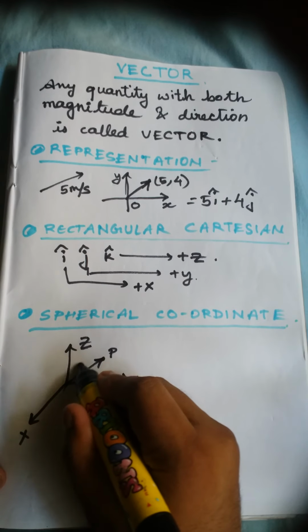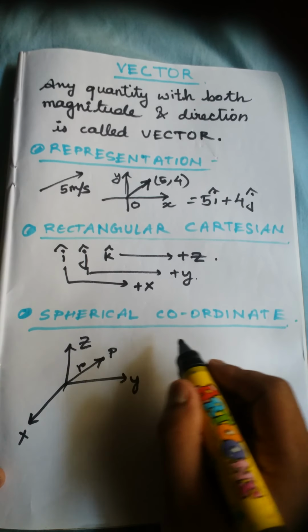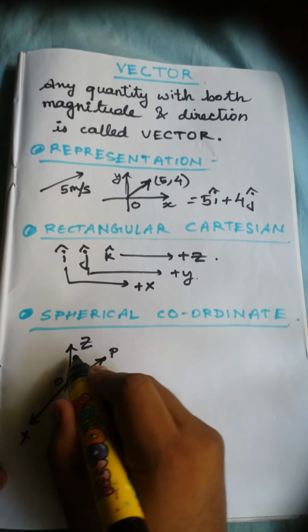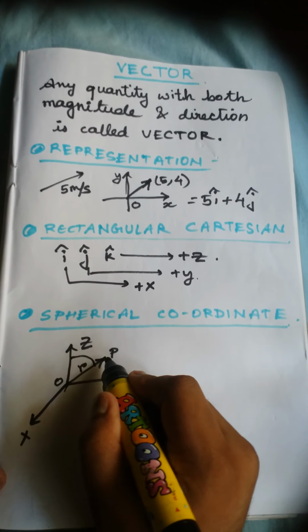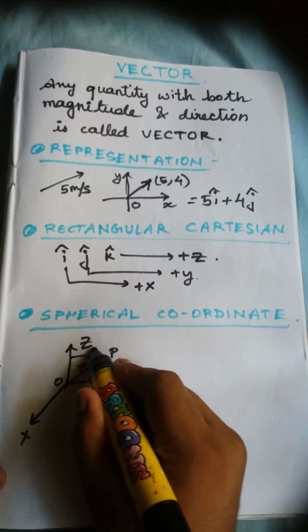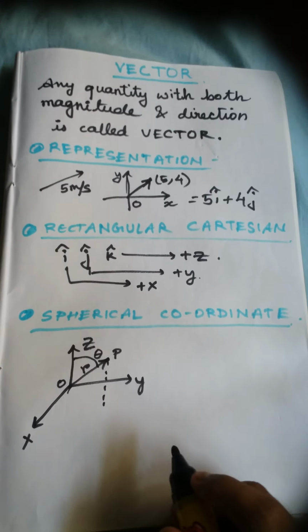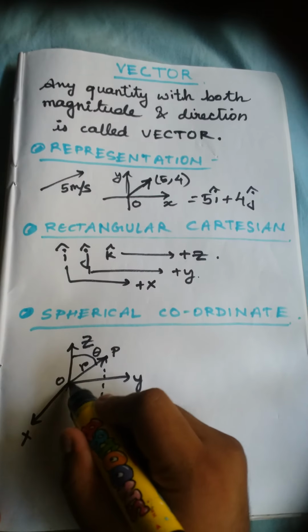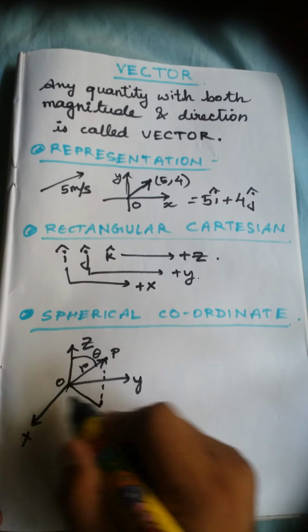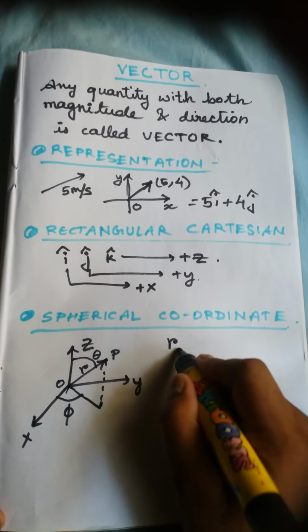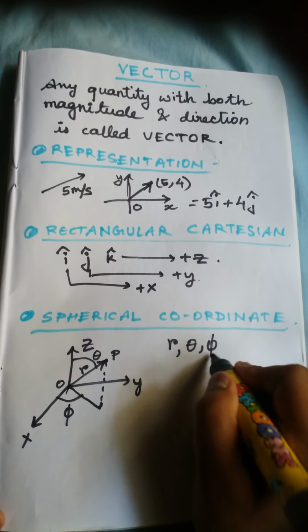This is r, the distance from the origin to P. This is O. This angle, the angle made by r with the z-axis, let this be theta. This angle is phi. So it is written in terms of r, theta and phi.